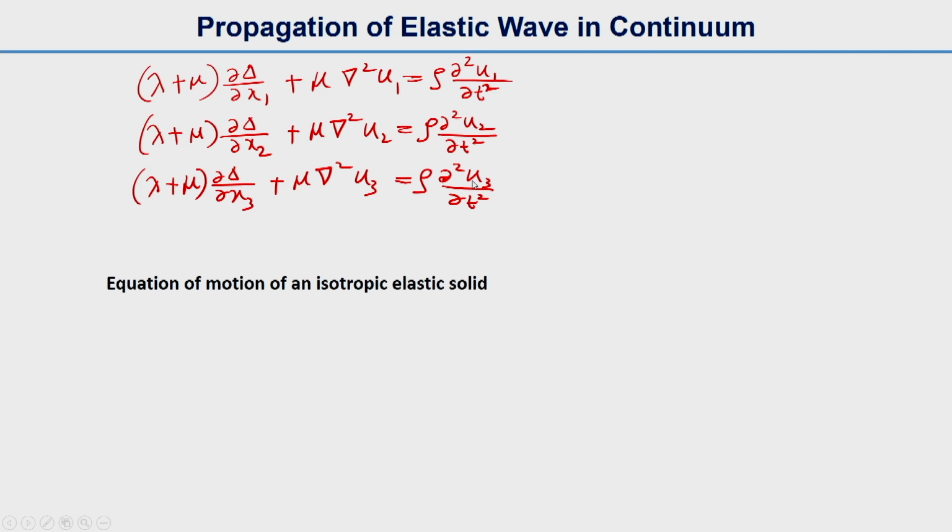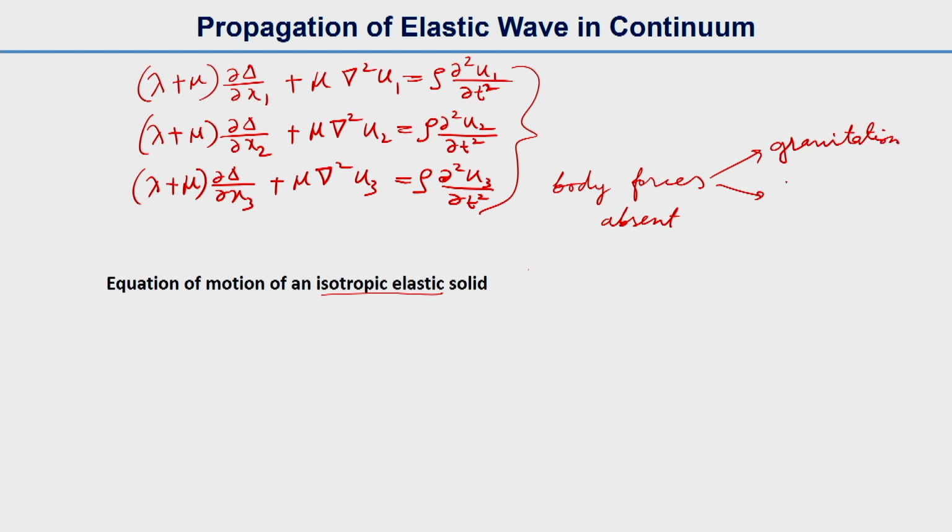Now these are called the equations of motion. These are the equations of motion for an isotropic elastic body, and the body forces are absent. Body forces means gravitation and even the moment. So both are absent.